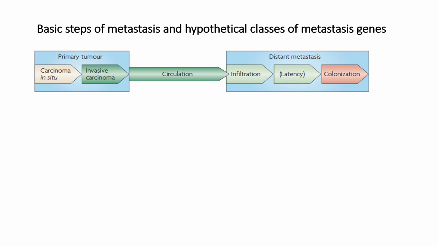Okay, so to finish this section, I told you that there are three general stages: the primary tumor, the circulation, and here you need different types of genes and different types of changes in the anatomy of the cells.